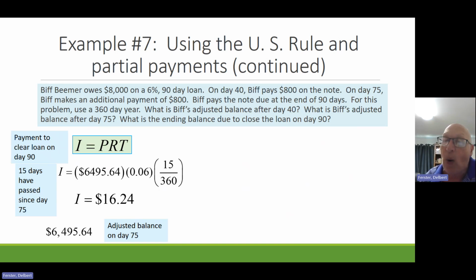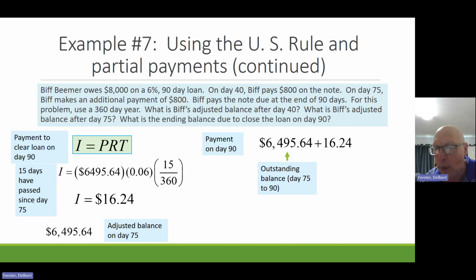So you have to give back what you borrowed, which we now owe at $6,495.64, plus we're going to owe an interest charge for that amount of money over a 15-day window. So to clear the loan, we're going to have to pay both of those numbers. What we owed, the $6,495.64, in addition to the $16.24.